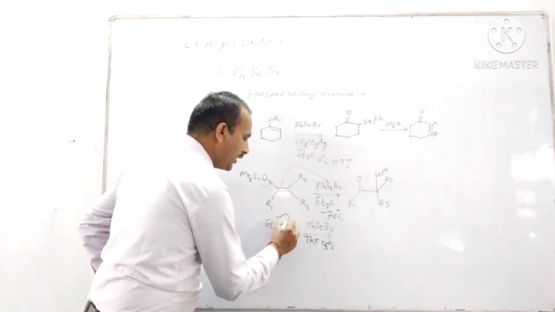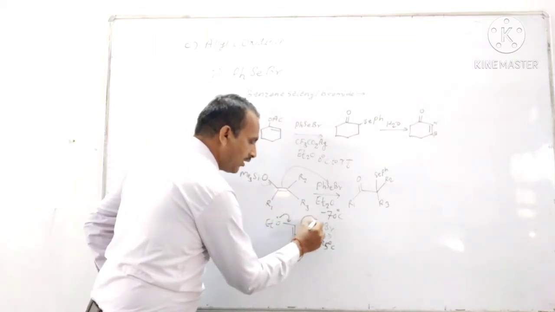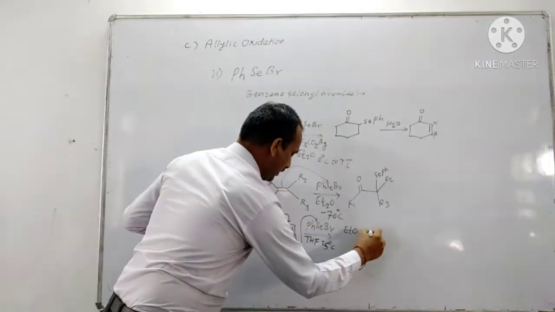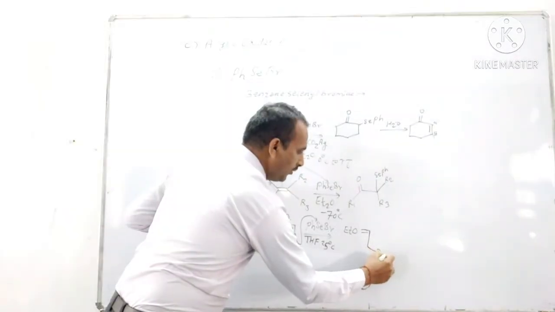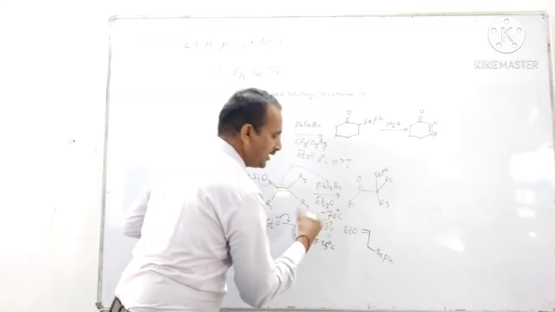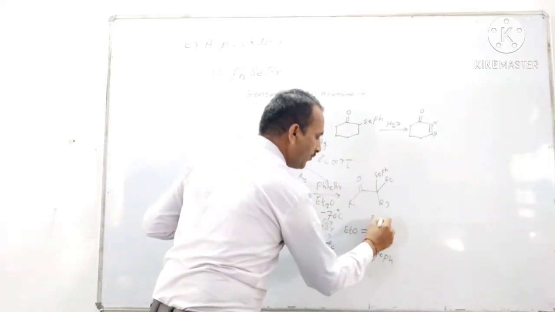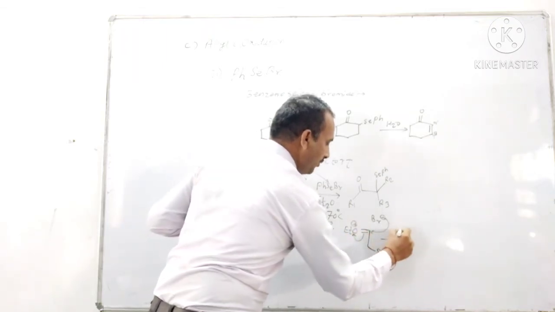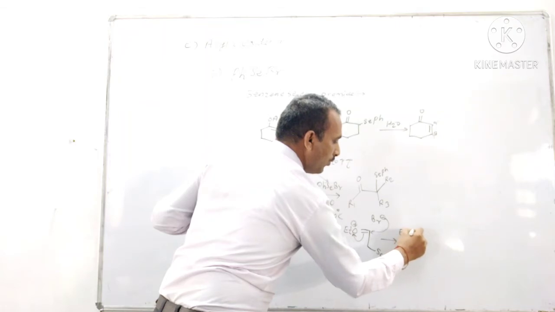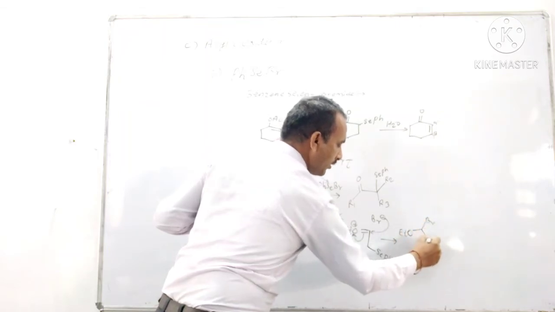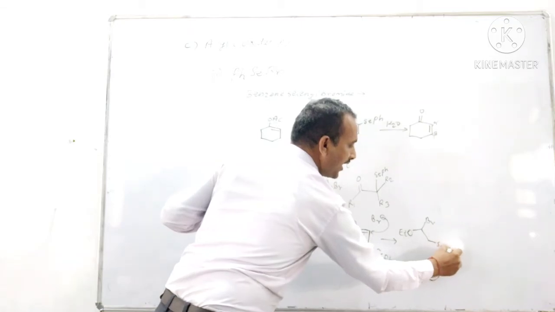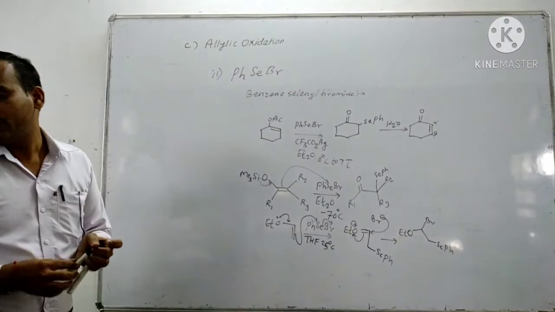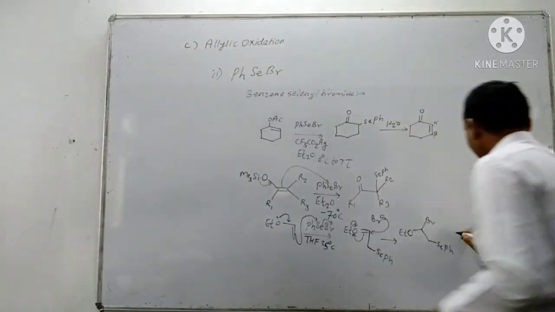The lone pair delocalized here, then this attacks on selenium, EtO double bond SePh and Br minus is eliminated. Now this Br minus attacks on this, the lone pair of oxygen is retained and forms the EtO Br SePh. So this type of compound is formed.